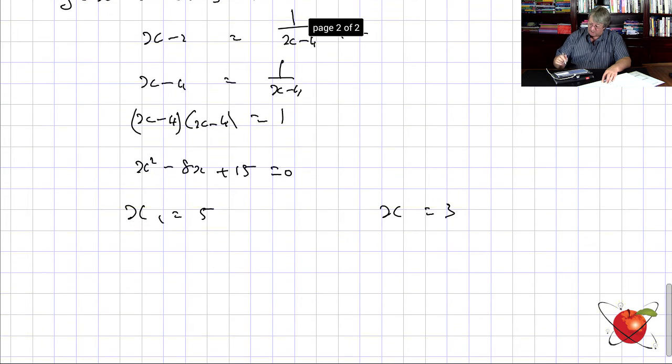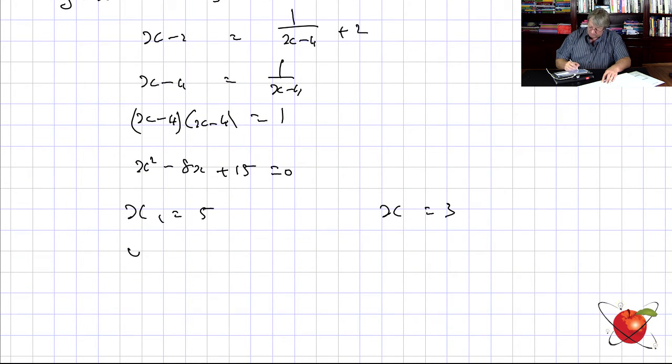And my last thing is to substitute for y. You substitute into the easiest one, the y is equal to x minus 2, right? 5 minus 2 is equal to 3. Therefore, my coordinate is 5 and 3.